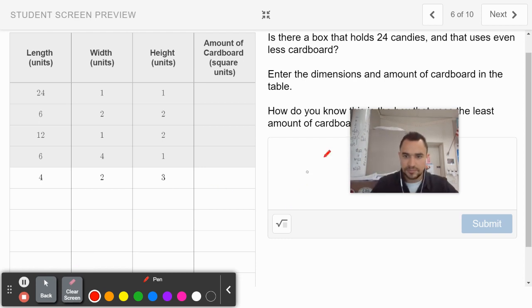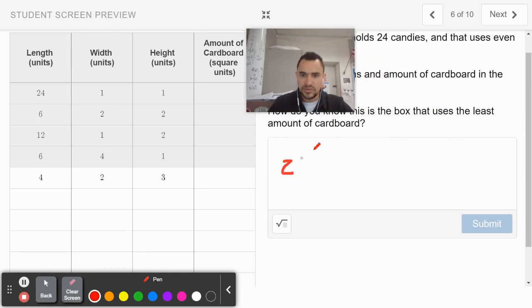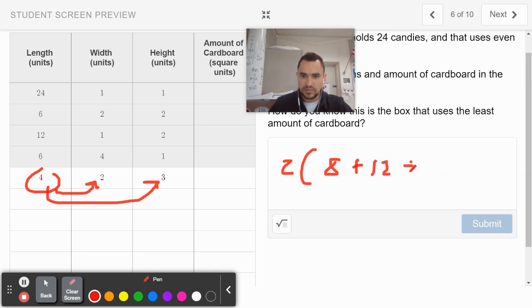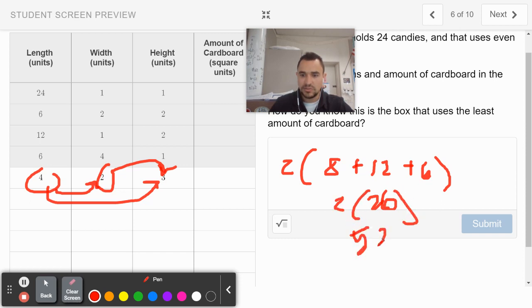So let's go. We move this up. It's 2 times length times width, which is 8, plus length times height, which is 4, 8, 12, plus width times height, 2 times 3, which is 6. So it's 26 times 2, that's 52.